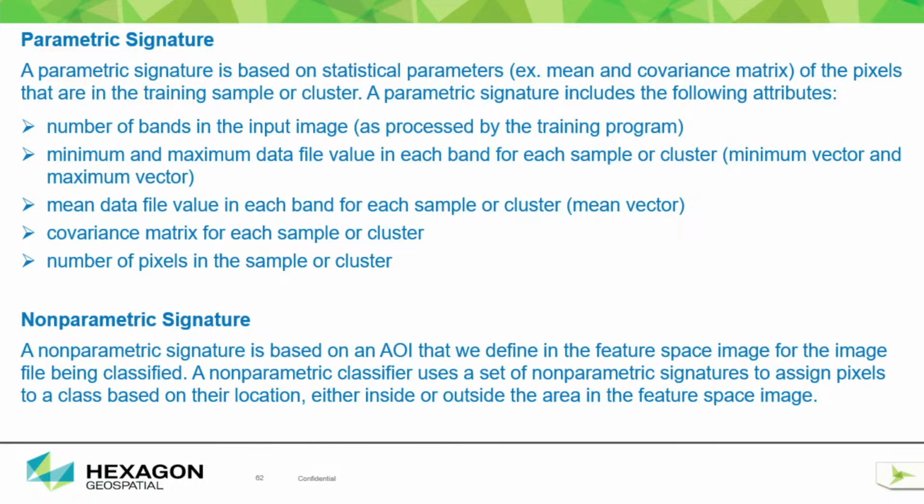So the number of bands in the input image and the minimum and maximum data file value in each band for each sample cluster, based on this information it will be assessed and will generate some statistical data, and based on this statistical data it will be able to perform the grouping of the pixels. So finally we can generate a land use or land cover map.